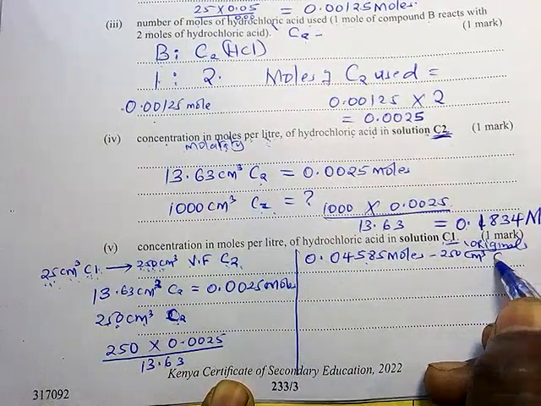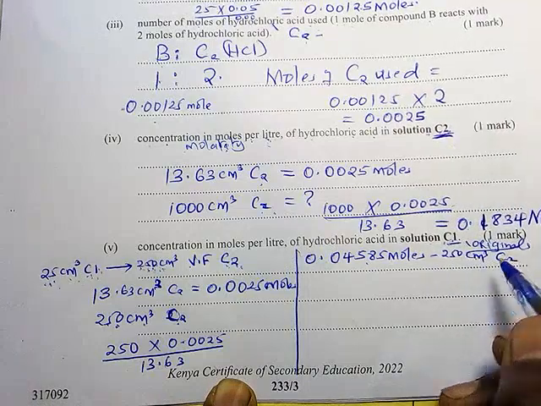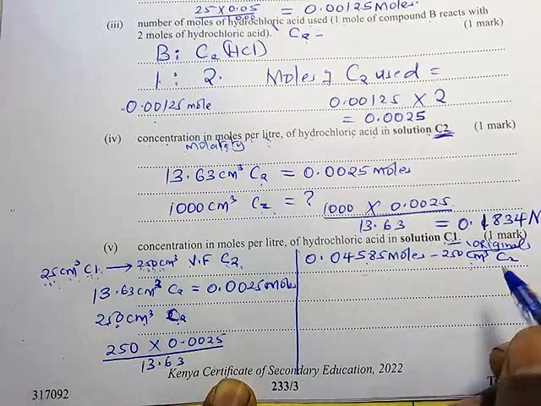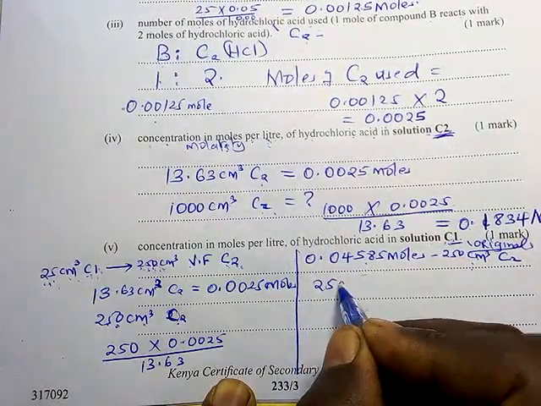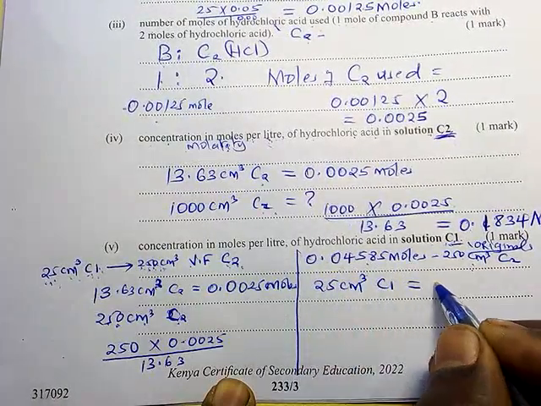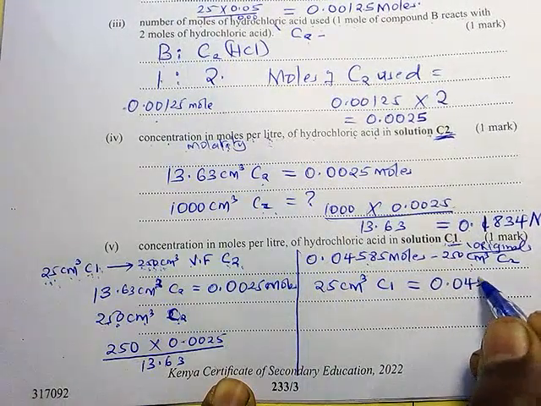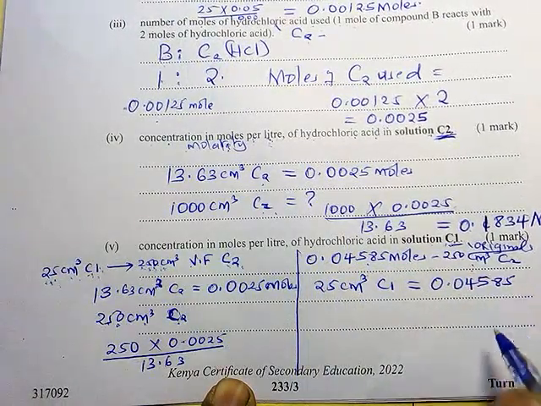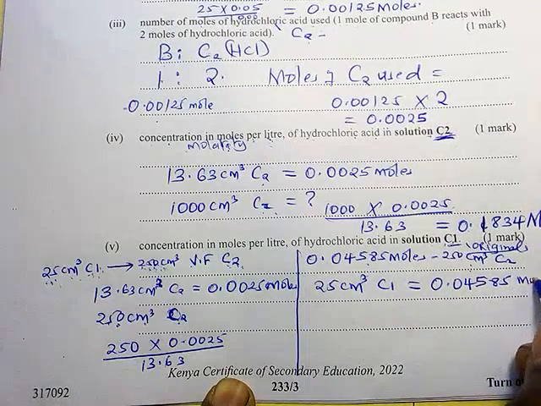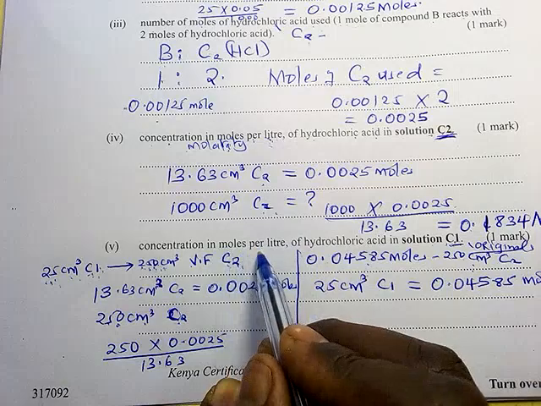centimeters cube solution C2. But remember, moles in 250 C2 is equal to moles in C1, 25. So 25 centimeters cube C1 is equal to these moles, 0.04585 moles. Right? Now we will ask, what will be the number of moles in a liter?